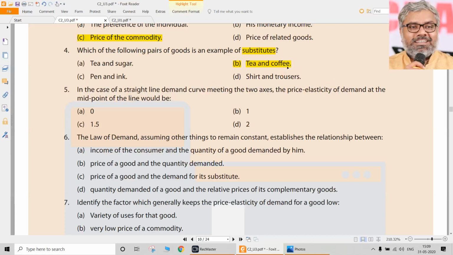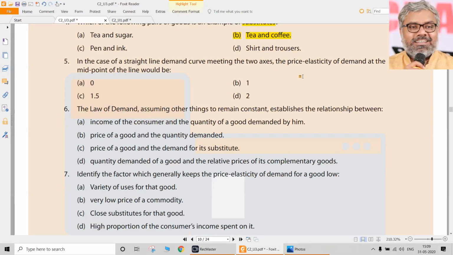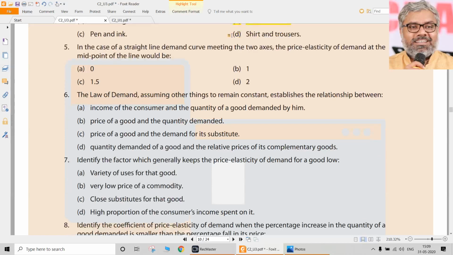Tea and coffee naturally are substitutes because they are the remaining option, but that does not mean they are perfect substitutes. We don't have to assume like that. And we don't have to remember always that tea and coffee are substitutes, not like that. We don't need to worry about them. If any such question comes, just apply common sense and identify the correct option. That's it.